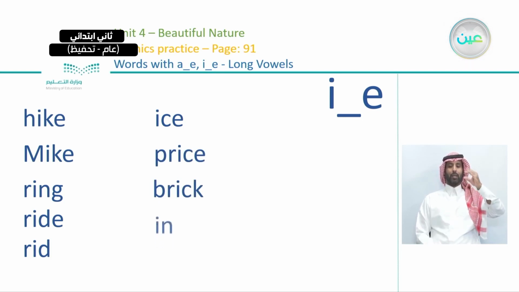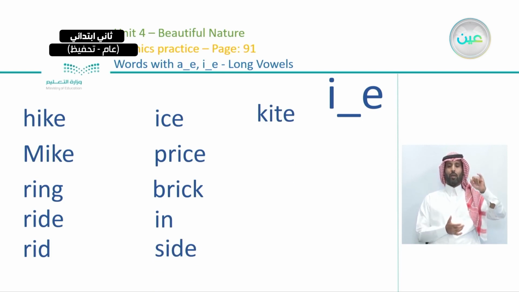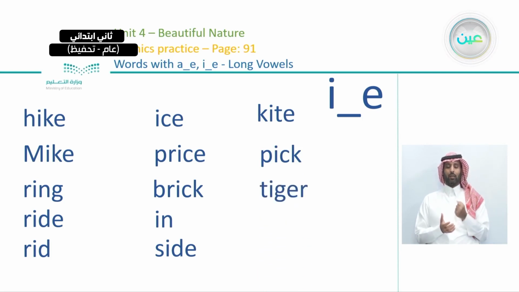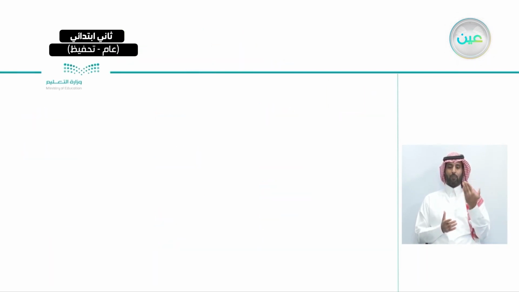We have in. And we have side. We have here kite. We have pick. We have tiger. We have five. And we have if. Excellent.